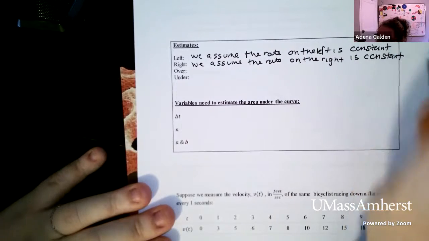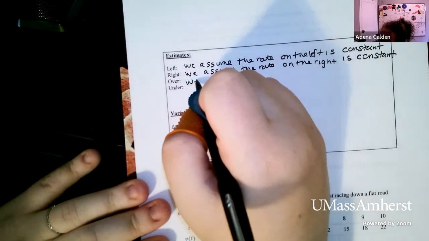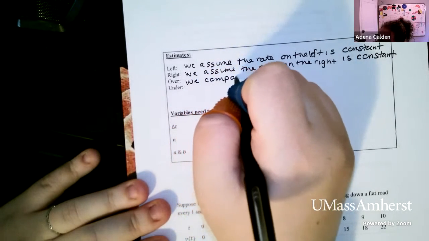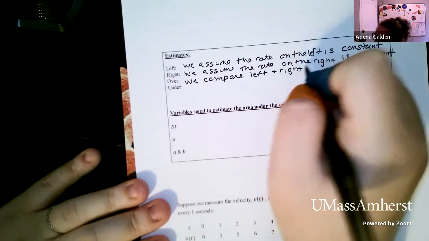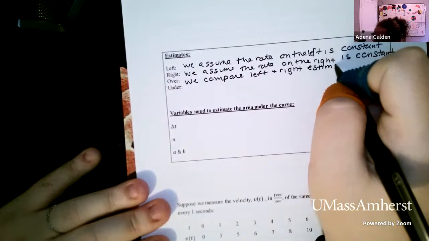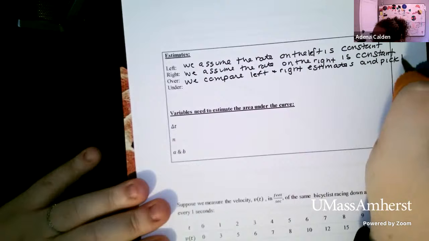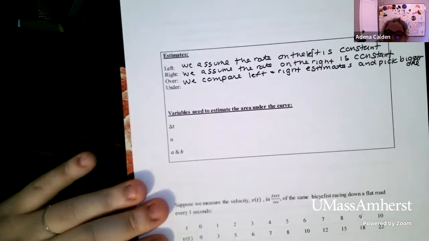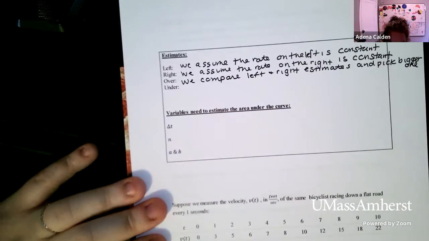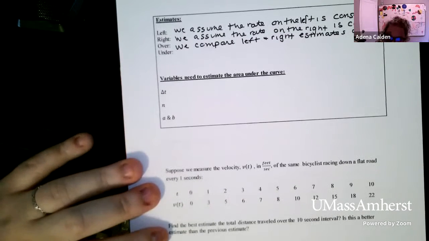We do a right-hand estimate, the overestimate and the underestimate, but we're going to compare left and right estimate and pick the bigger one. I can't stress this enough: sometimes the left-hand estimate is the overestimate, but sometimes the right-hand estimate is the overestimate. So you have to do both and compare them.